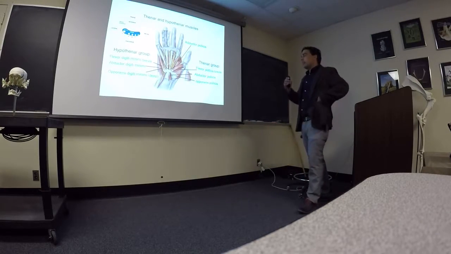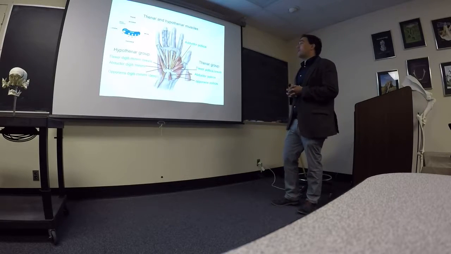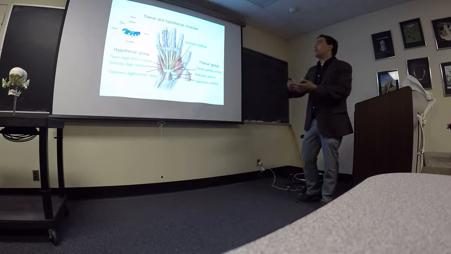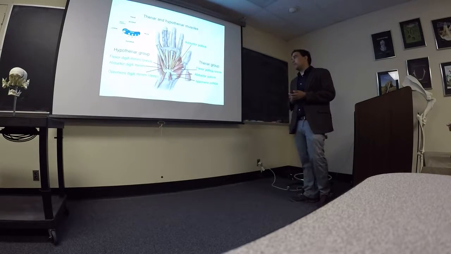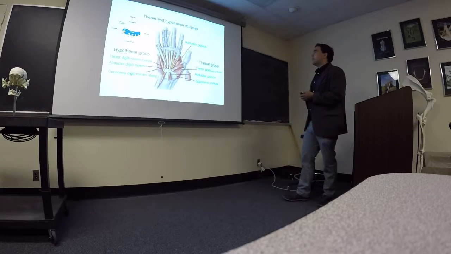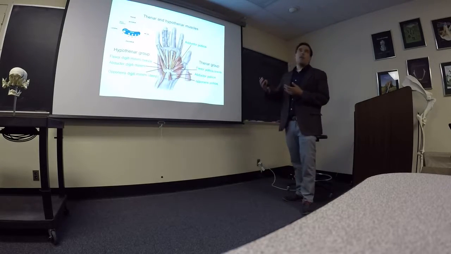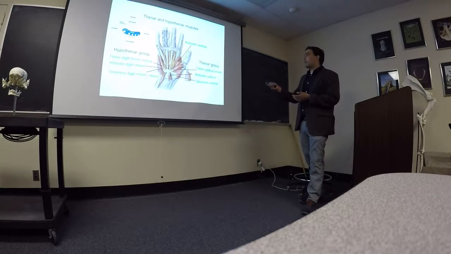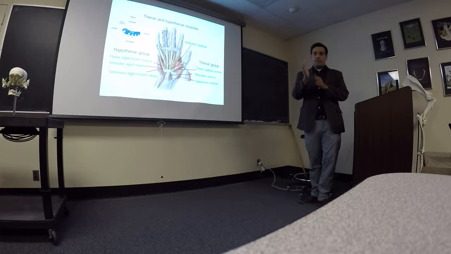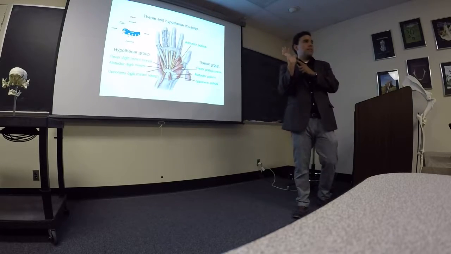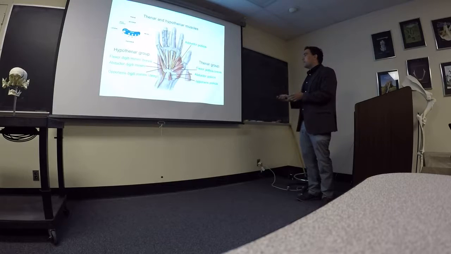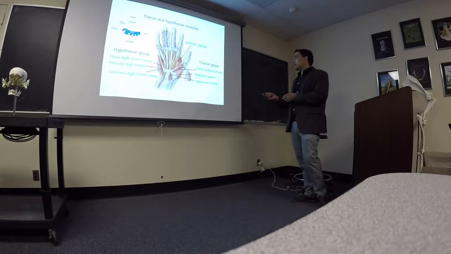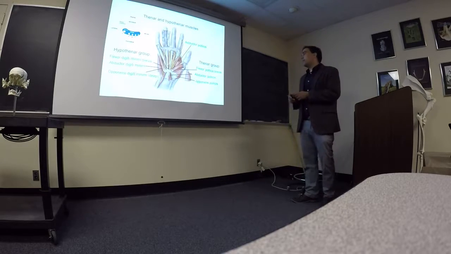The hand has a bunch of intrinsic muscles. So these were like extrinsic hand muscles, and now we'll have intrinsic hand muscles entirely within the palmar surface of the hand. And then broadly, they're separated into two major groups. There's a thenar group of musculature, which is this fleshy pad by your thumb, okay, and that contains 3 muscles: a flexor pollicis brevis, an abductor pollicis, and an opponens pollicis.